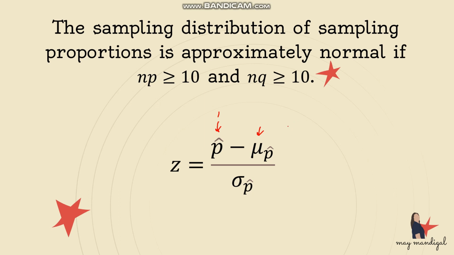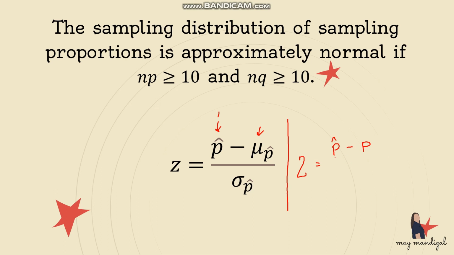We can also rewrite this formula as z equals, so we still have p hat minus, now instead of writing the mean of our sampling distribution of sample proportions, we can change it to p, which is the population proportion of success, because a while ago we mentioned that the mean of the sampling distribution of sample proportions is just equal to the population proportion of success.